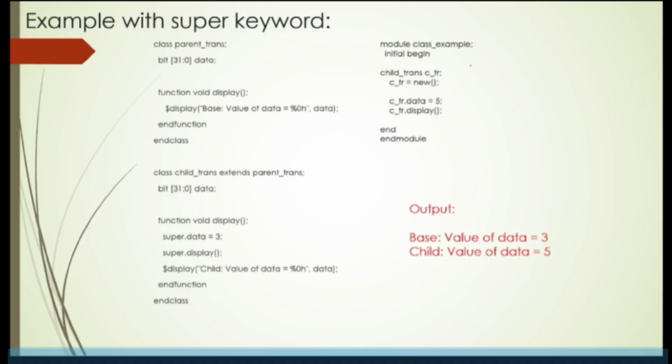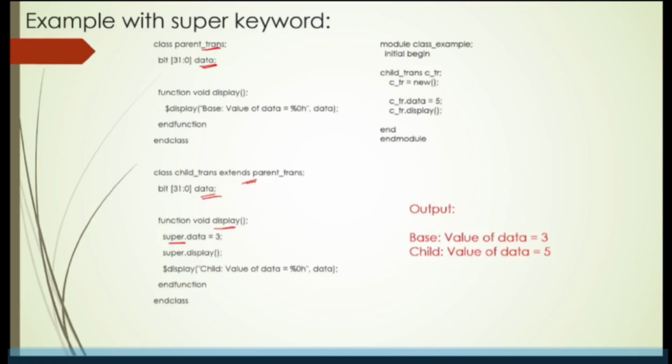If you see the same example here, this is my parent class with the property data and display. Again the same thing, data and display. Now within the display, what I am doing is super dot data. That means super refers to the class above, the parent class, the class from which the child class is derived.